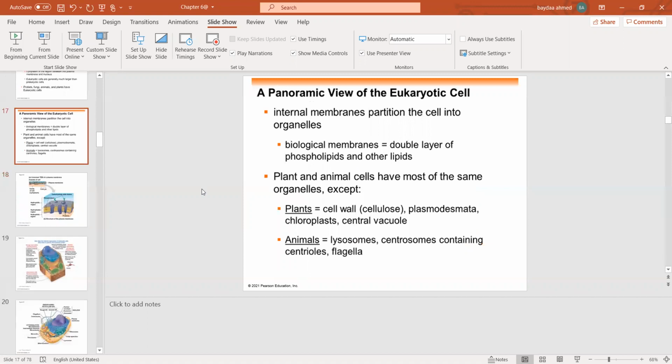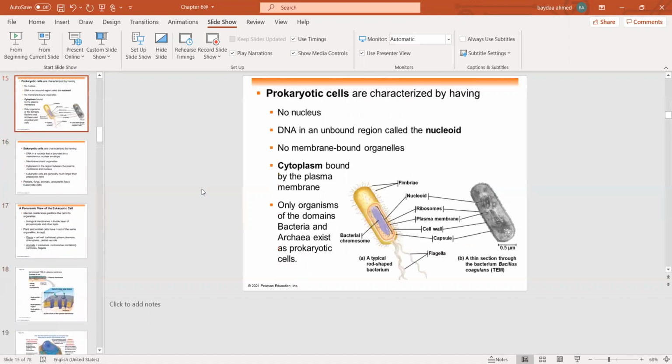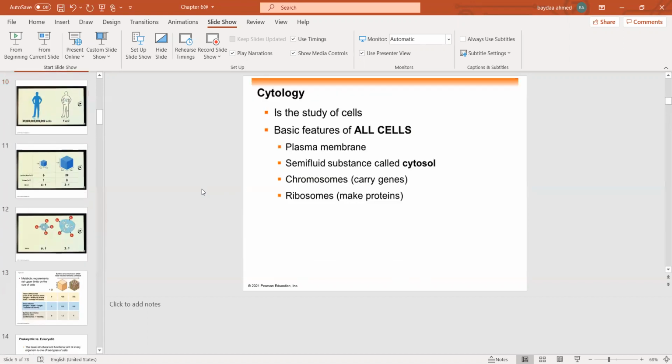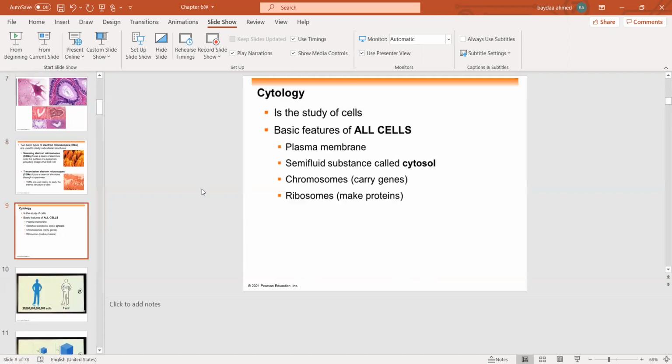So each cell is bounded by a plasma membrane, and inside all cells is a semi-fluid, jelly-like substance called cytosol, in which subcellular components are suspended.